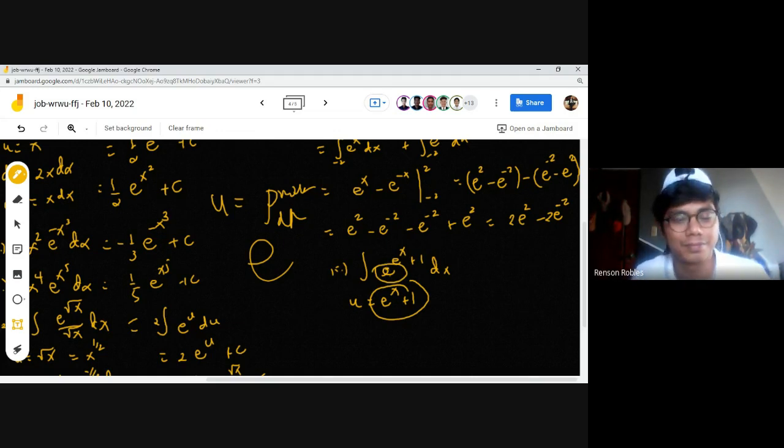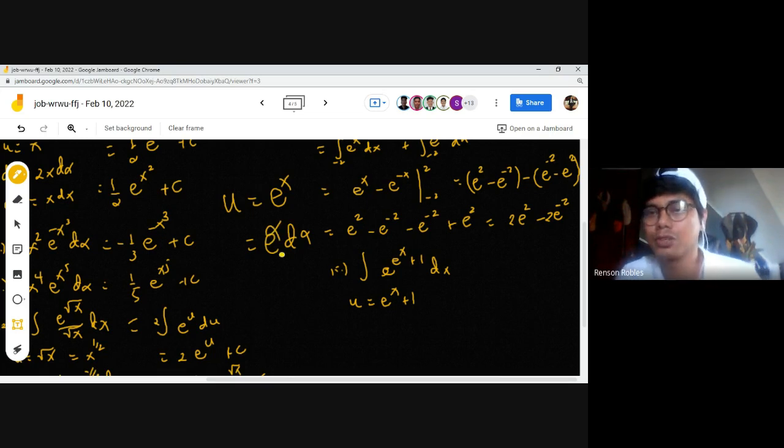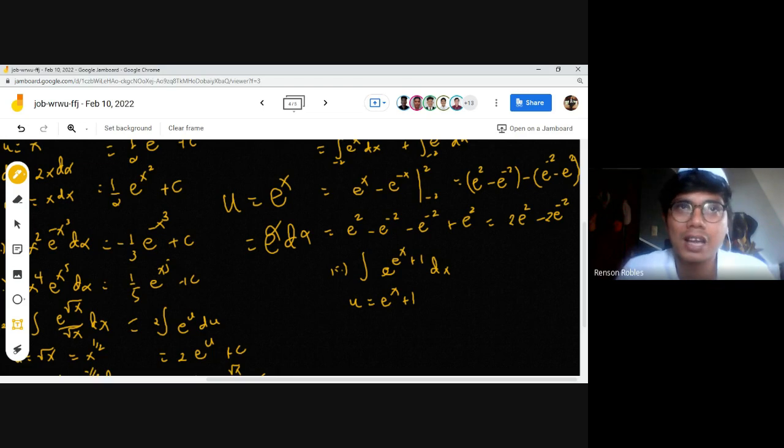All right? So now, if you let u, remember this, for the e function and also for the a function. When your u is the e function itself, you should always look for the dx with an adjacent e to the x, because the derivative of an e function doesn't change. The derivative of an e function is always the e function, just with a constant in front.